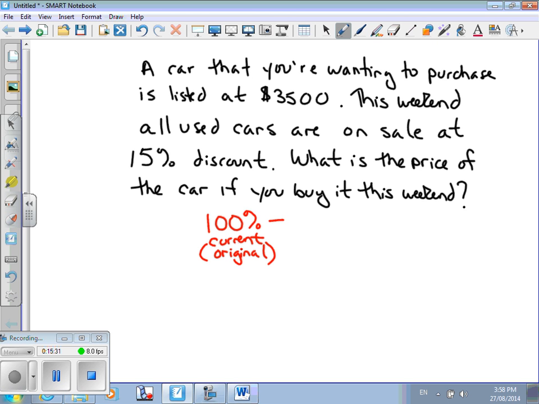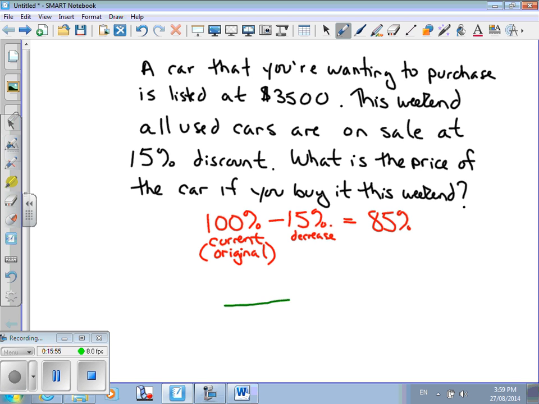If we take off the discount, which is 15%, that's how much it's going to decrease on the weekend, you can see that the new price is going to be 85% of the old price.